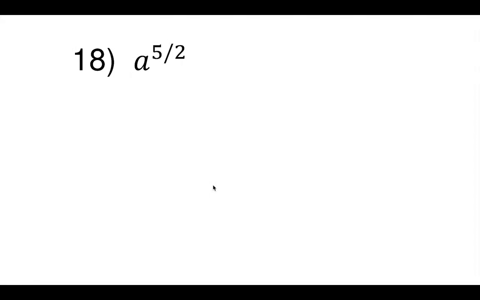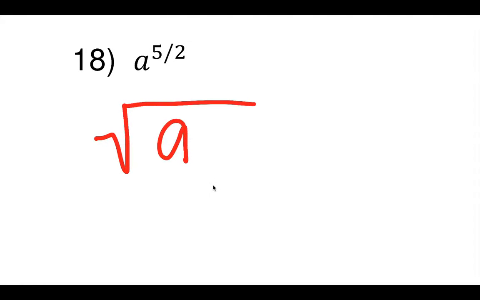Okay, this guy, again, always going to have the root, my base, top is in, so 5 is in, bottom is out, so 2 is out. Now remember, if it's a 2, it normally does not have the little 2 outside there. It's just a square root. That's the main root we know.